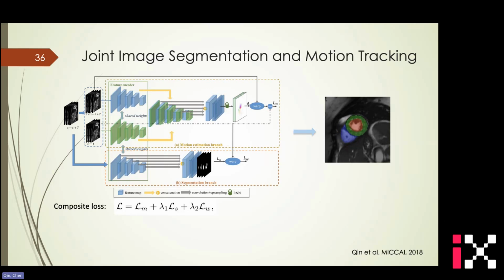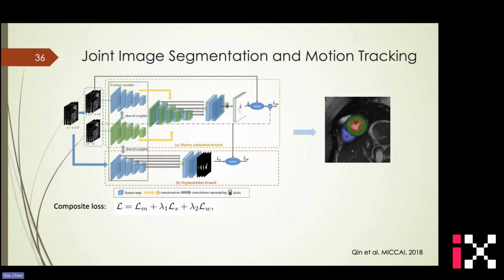Okay, so we have two branches. The first is the motion estimation branch that estimates the motion from the data. Basically, when we estimate deformation, we have a reference and also a moving image and also a target image. We input it into a Siamese feature network.